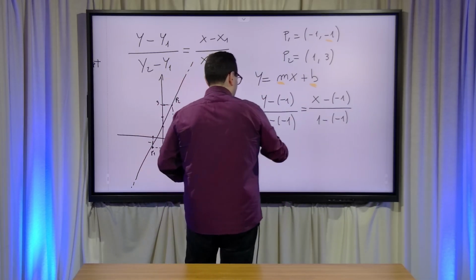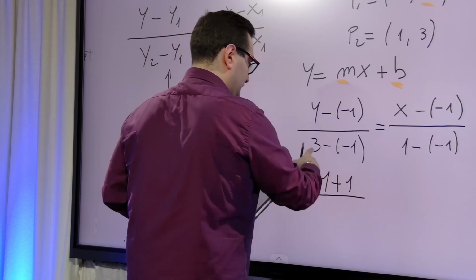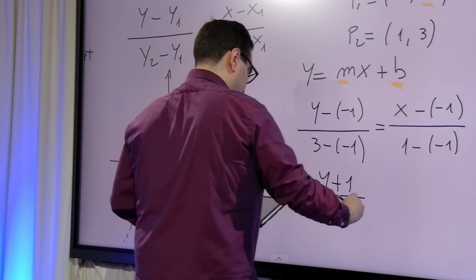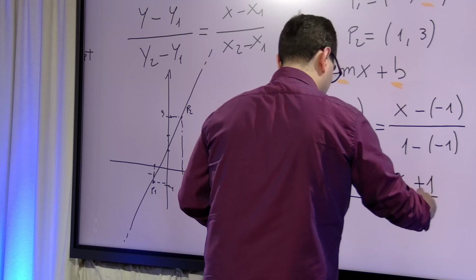Okay, so I can write it here: y plus 1 over 4 equals x plus 1 over 2.